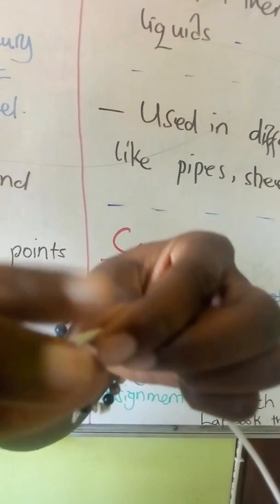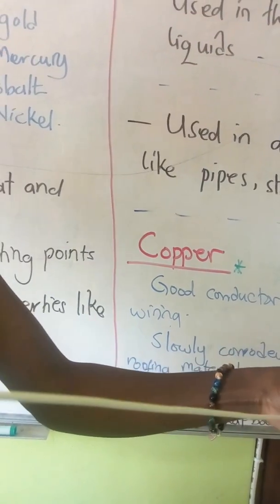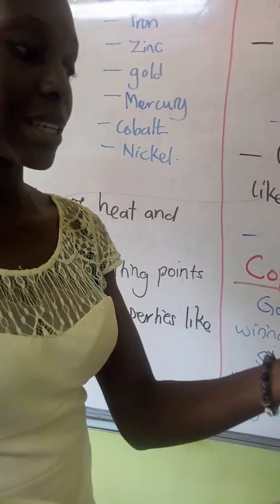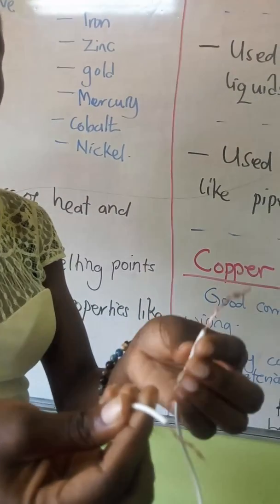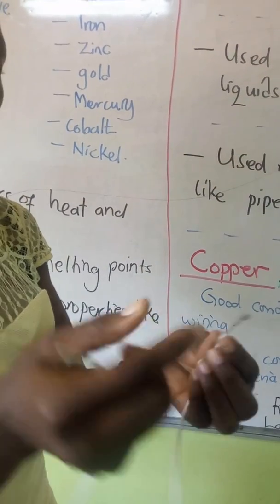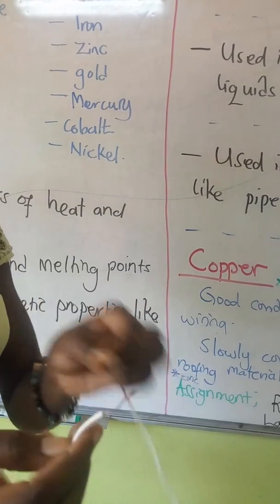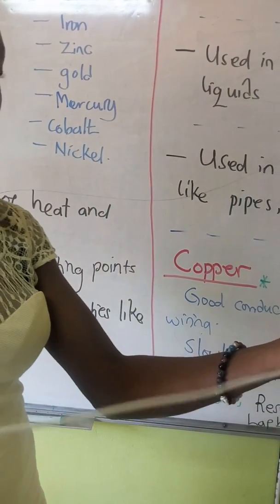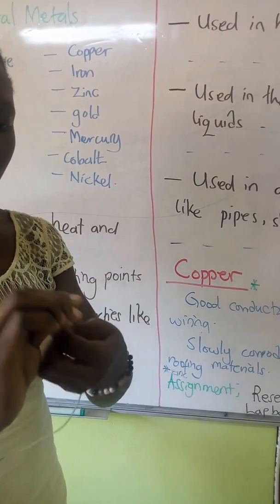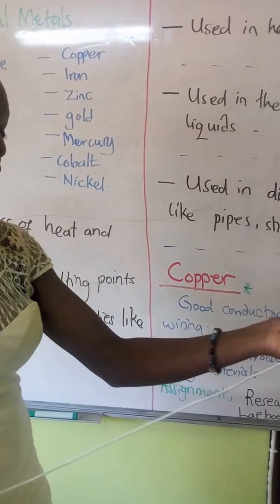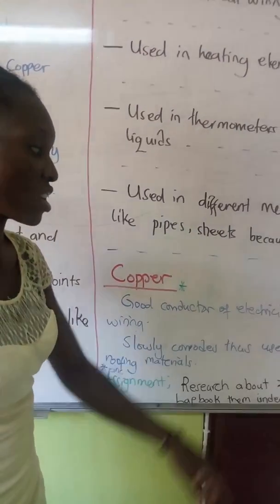Then on top, this white thing is an insulator. And why do we use an insulator? So that we do not have electric shock, because this copper wire will conduct electricity to us and then we'll have shocks. Then we have this on top to protect us. But what you have inside is a copper wire.